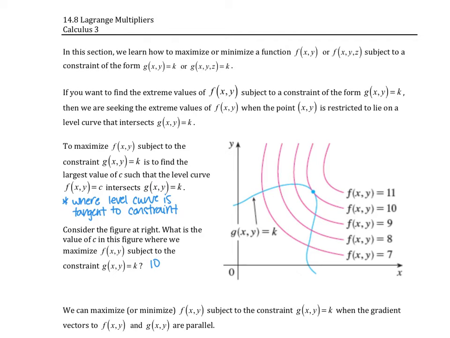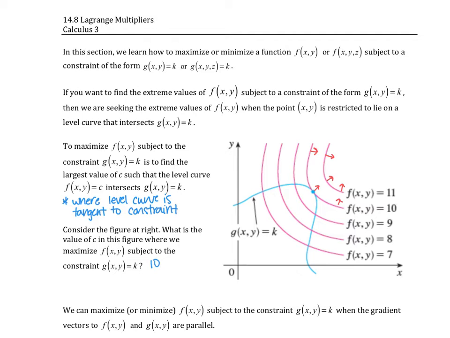So we know that gradient vectors are always perpendicular to that curve at the point. If we were to draw this gradient field, it might look something like this, where each of the gradient vectors is perpendicular to those level curves.